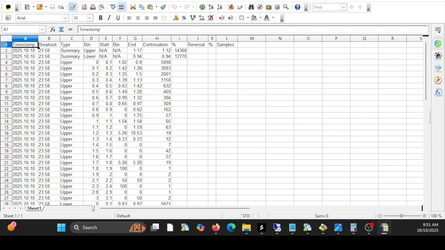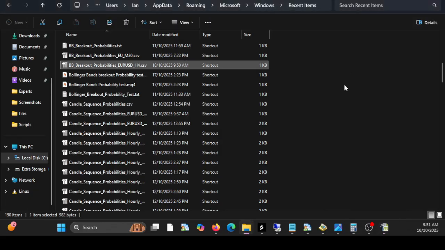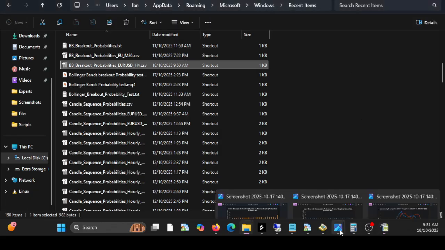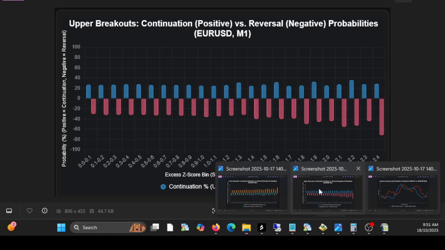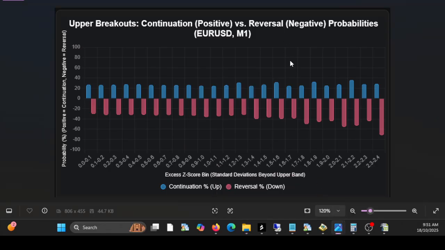So what we can do is feed that into the AI, and just like that we can get a little graph and other statistics that the AI can give us. But just for now, we'll look at the graph. The charts show the odds of a reversal or a continuation at different points above or below the bands.